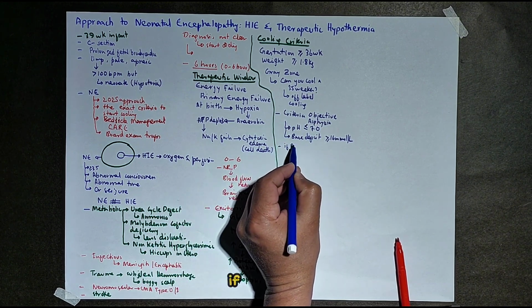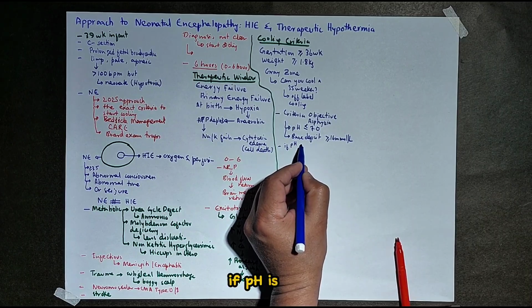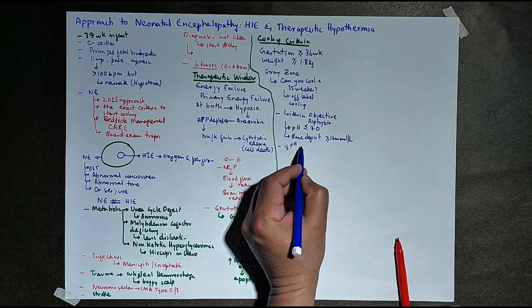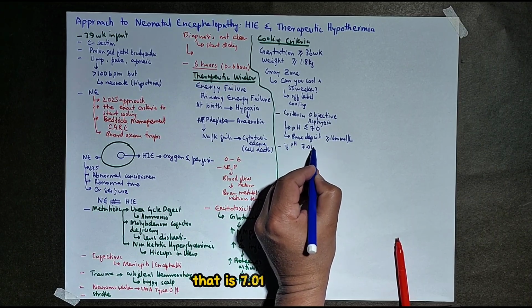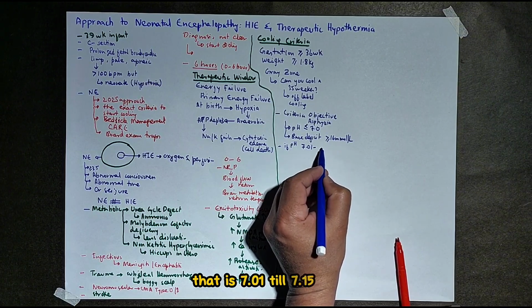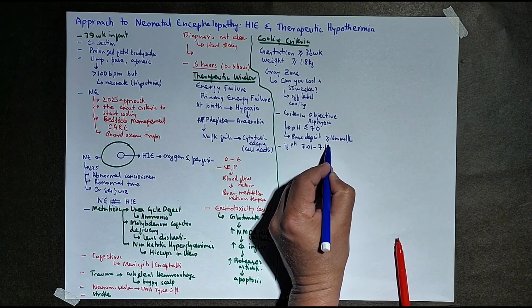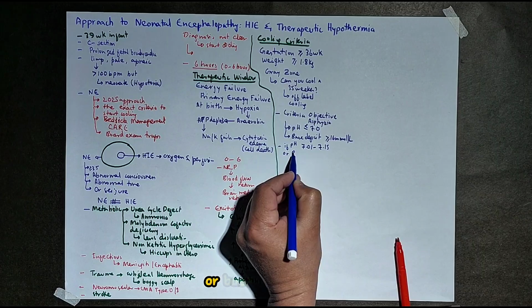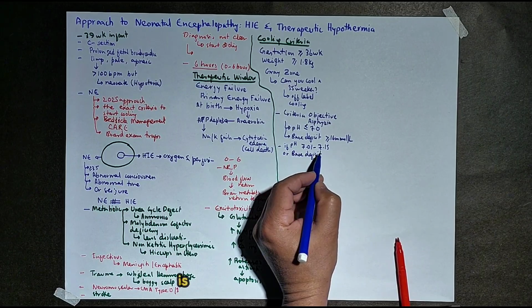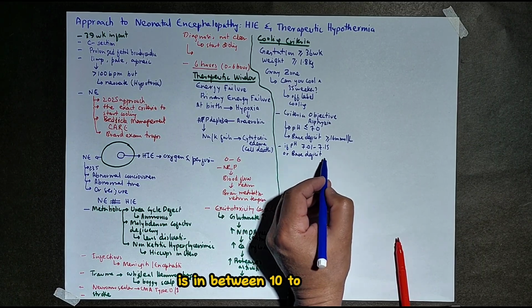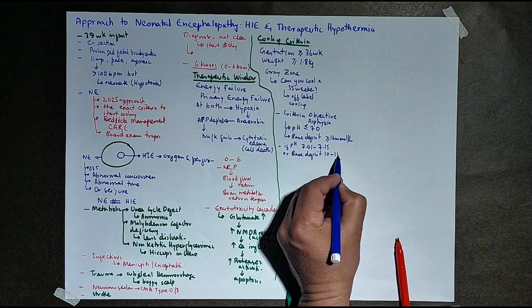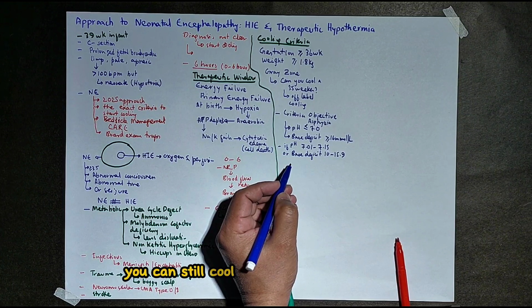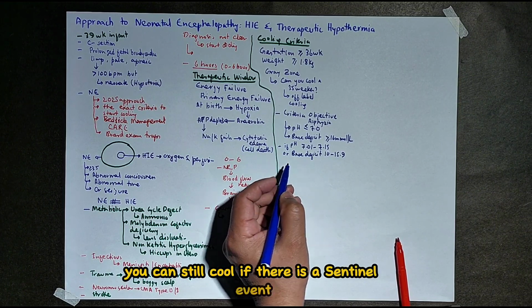But there is a borderline clause. If pH is greater than 7.0, that is 7.01 to 7.15, or base deficit is between 10 and 15.9, you can still cool if there is a sentinel event.